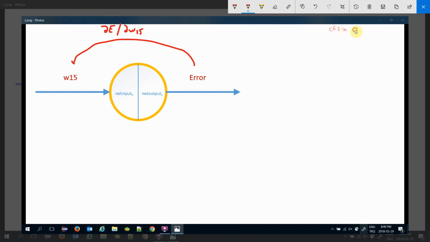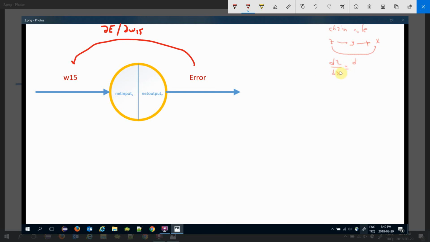The chain rule says if a variable z depends on variable y, and variable y itself also depends on variable x, then variable z depends on x as well, and we can show the derivative of z with respect to x like that.